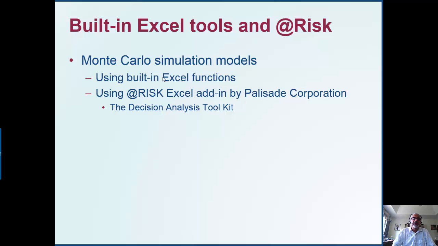And we'll be using two approaches for the Monte Carlo simulation. First, we'll be using built-in functions in Excel itself without using any add-on product. So we'll look at those examples, and then we will be using a particular add-on software for Excel called @RISK.